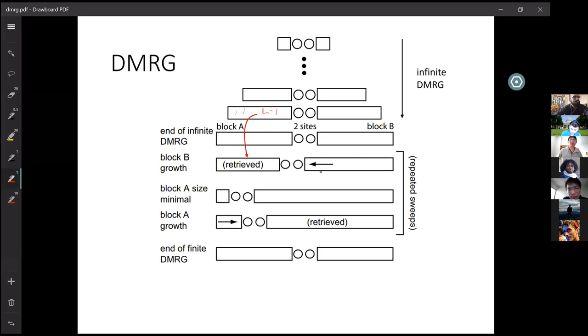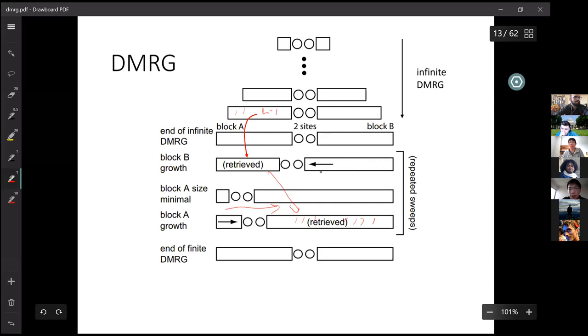So in this retrieval step, you're borrowing the reduced density matrices you computed for smaller systems. So this is actually not very careful. But in the future it will be optimized through the future sweeps. So when you retrieve data, you're using the reflection symmetry in the system. When you sweep from the left to the right, this part of the block is shrinking, so this is retrieved from here.